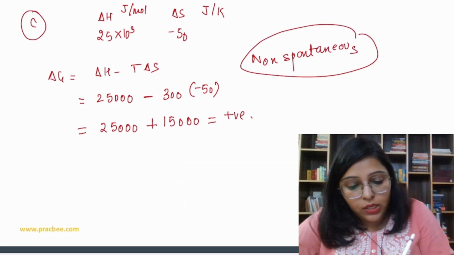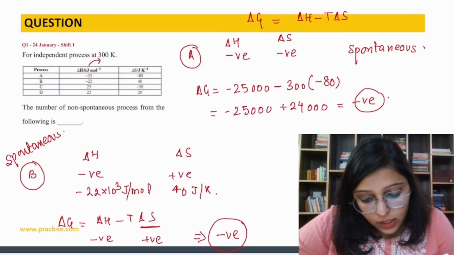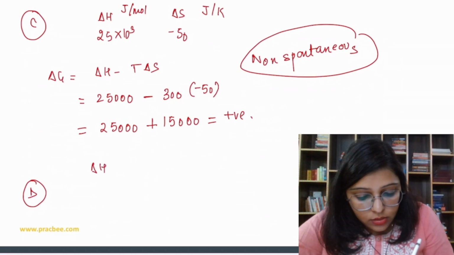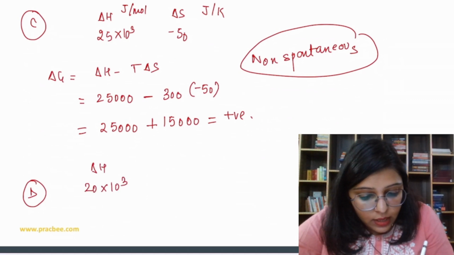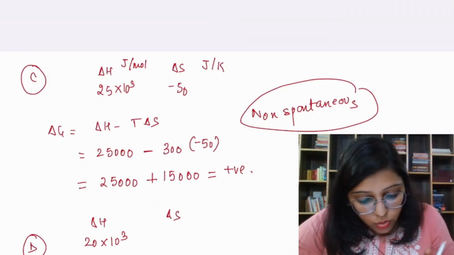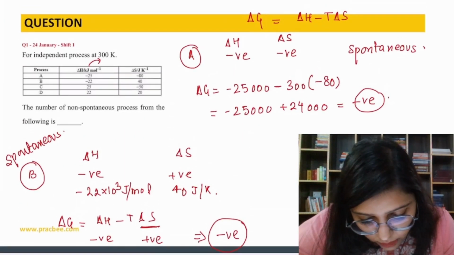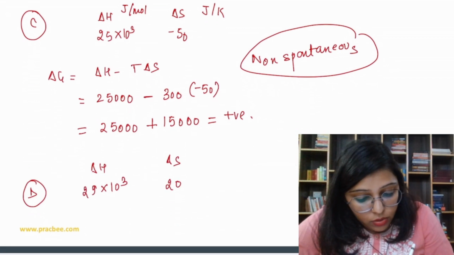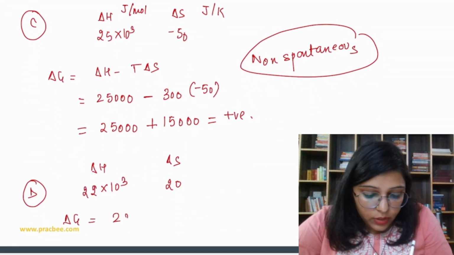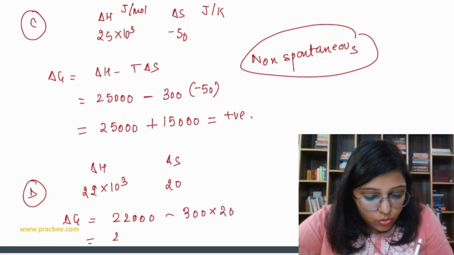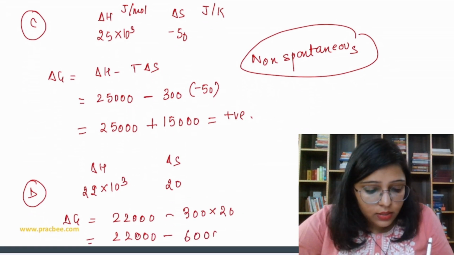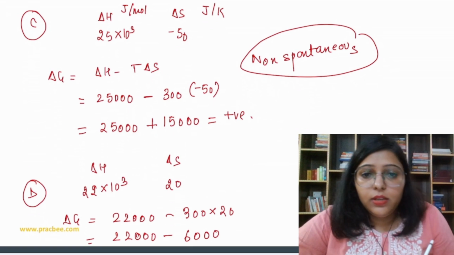Now check for D. So in order to check D, delta H is 20 into 10 to the power 3 and delta S is also 20. Yeah, 22. Delta H is 22, not 20. So delta G is equal to 22,000 minus 300 into 20, which is 22,000 minus 6,000.